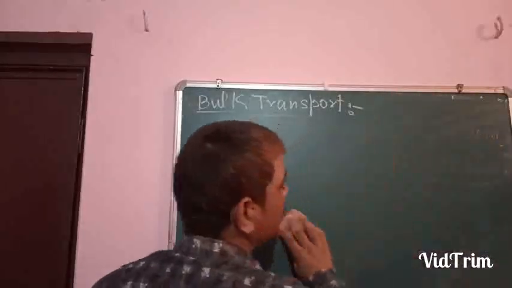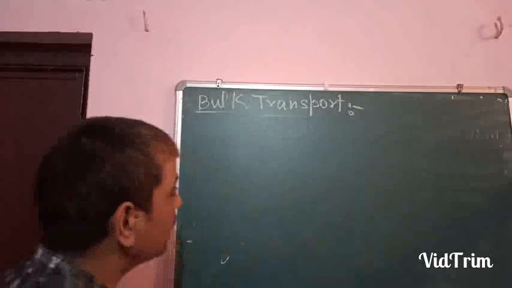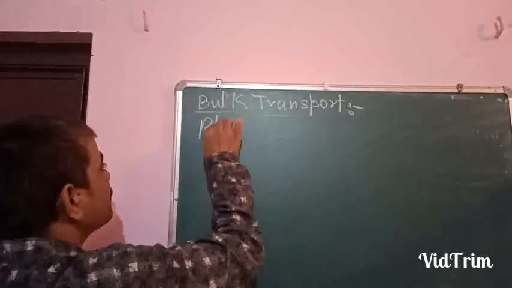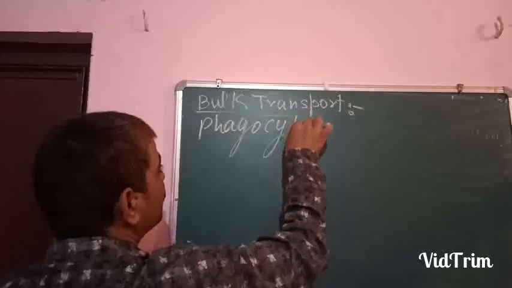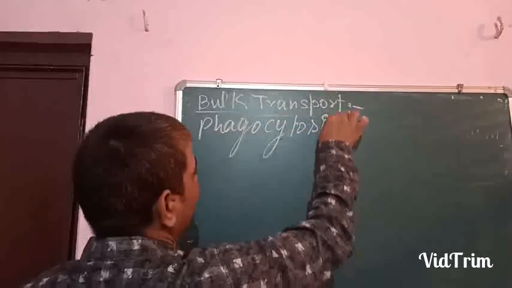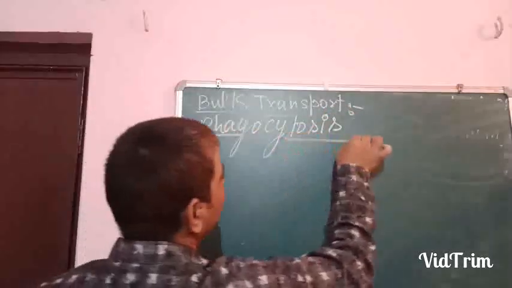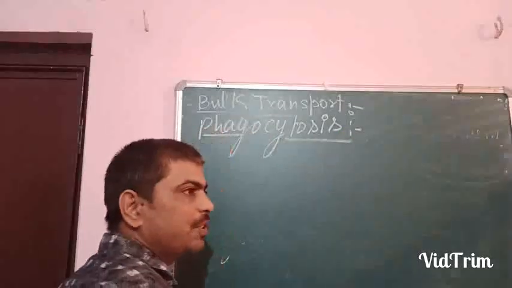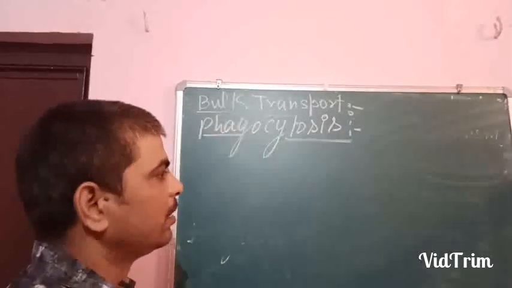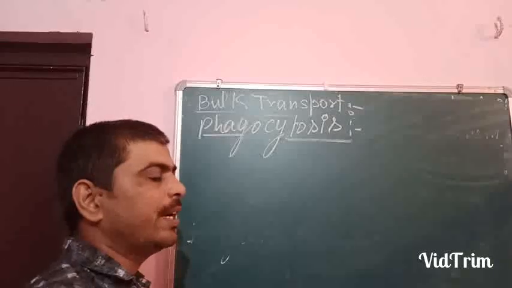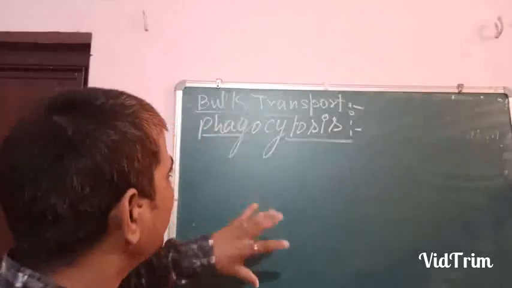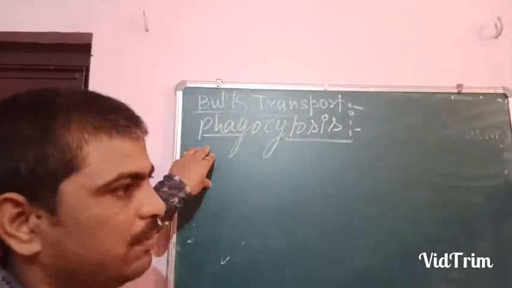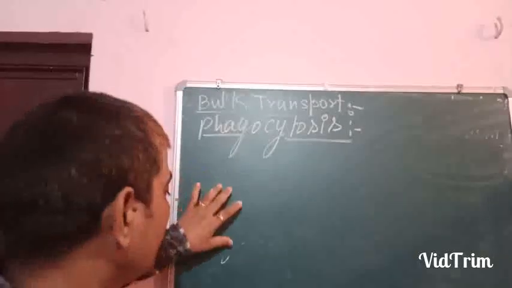Now take another type, that is phagocytosis. As I said, a similar definition applies here. Any solid substance that is not otherwise able to pass across the plasma membrane is transported through this mechanism, and it is called phagocytosis.